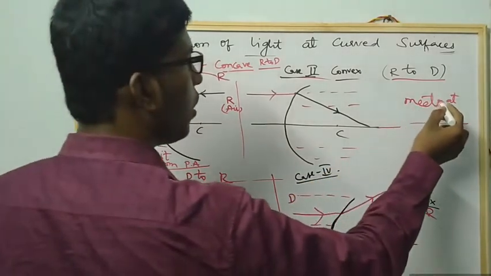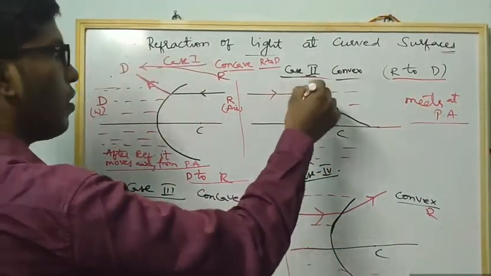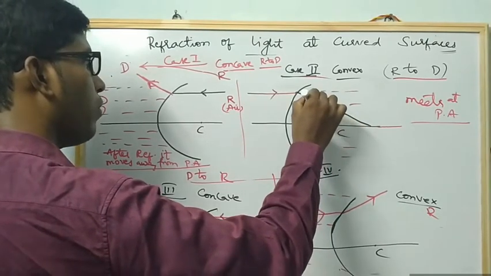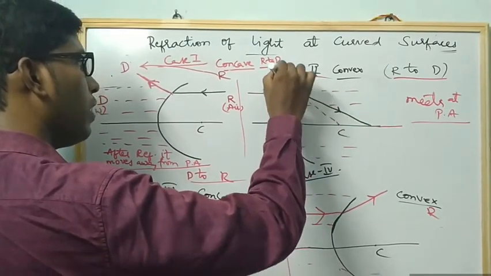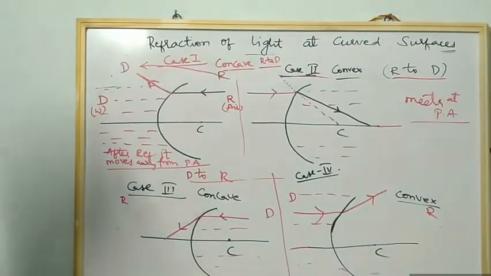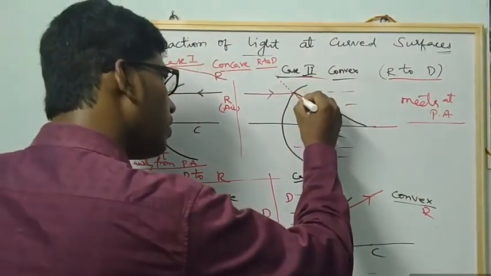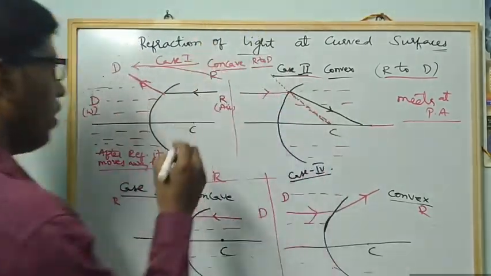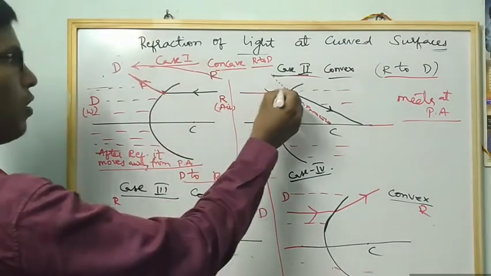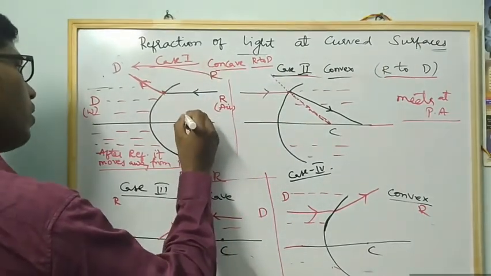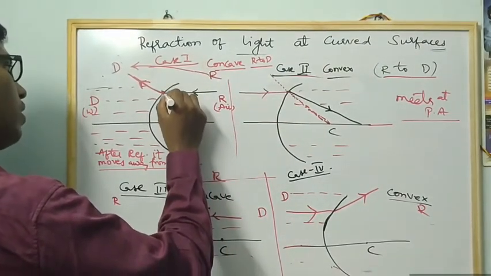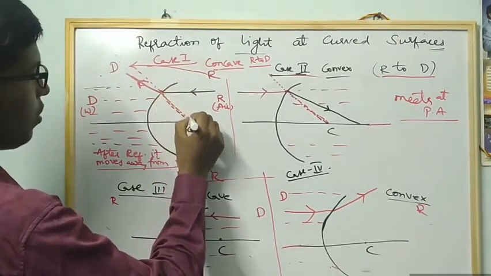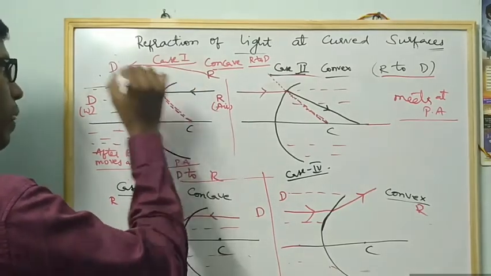Understand? So the normal for this surface, if you draw a line from the center of curvature, I have drawn already in the previous class, this will be the normal line. For this curved surface, it is drawn from the center of curvature to this point.